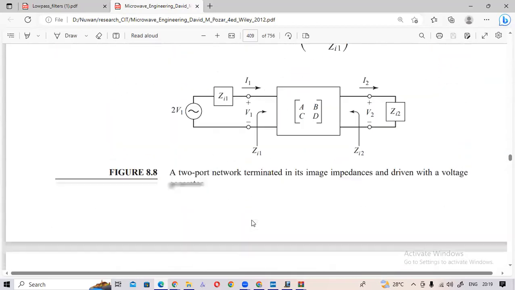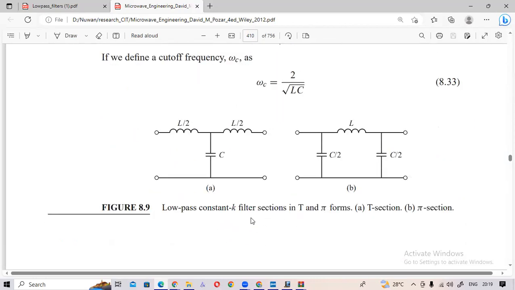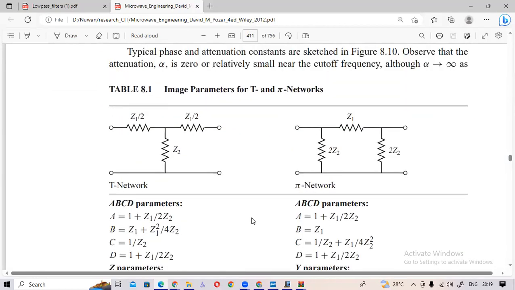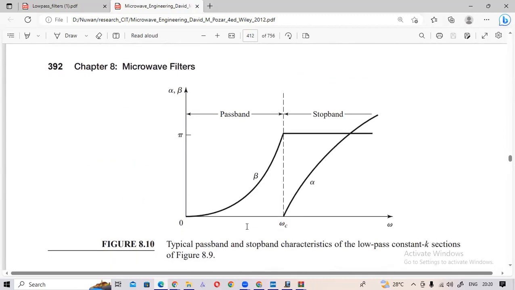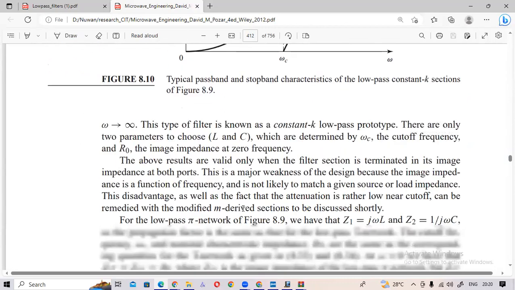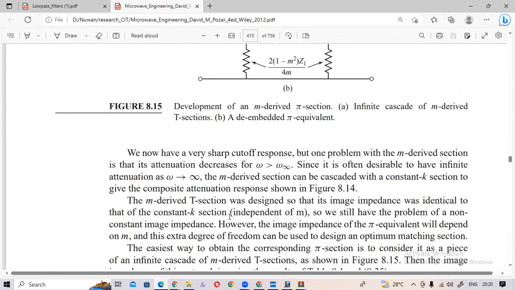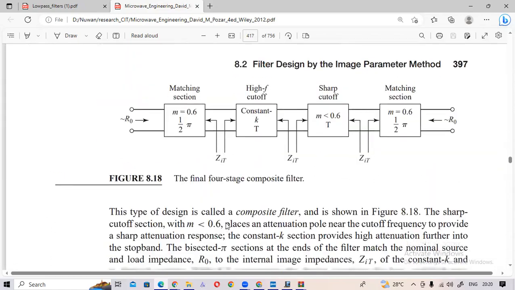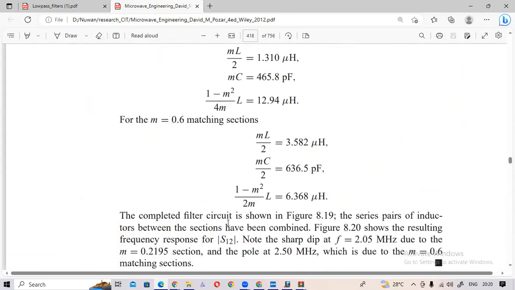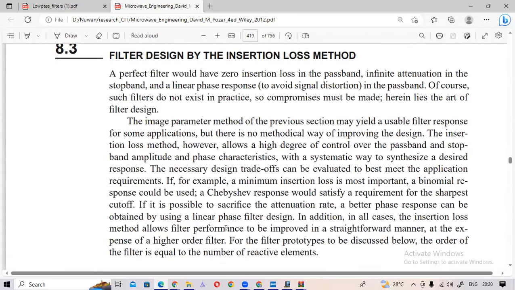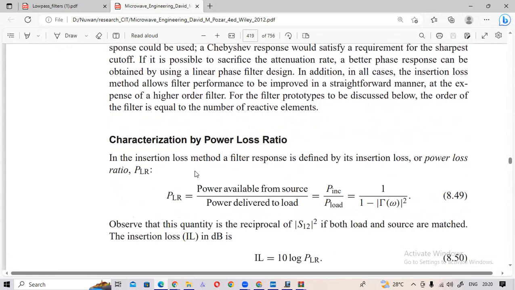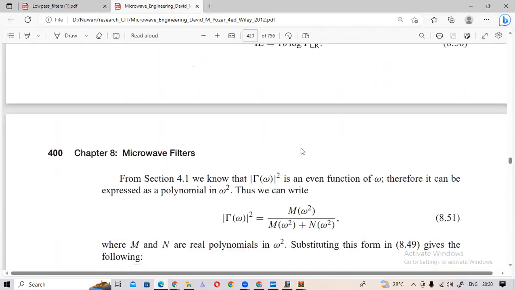There are many methods of filter design, so this is also another method.